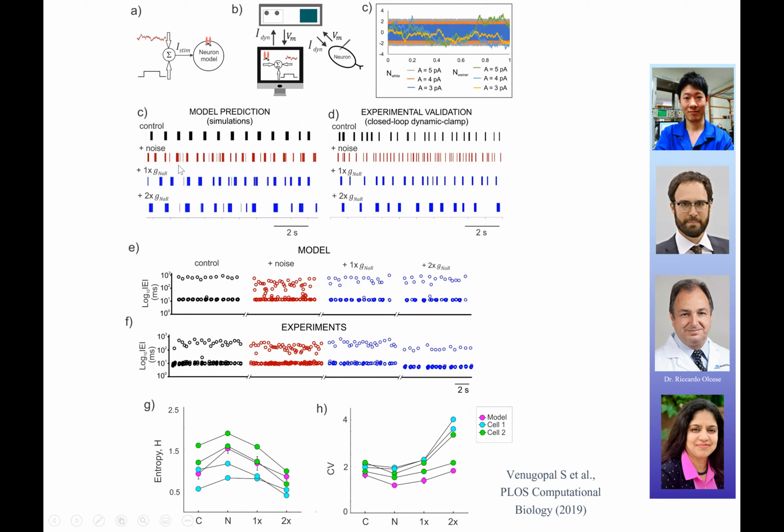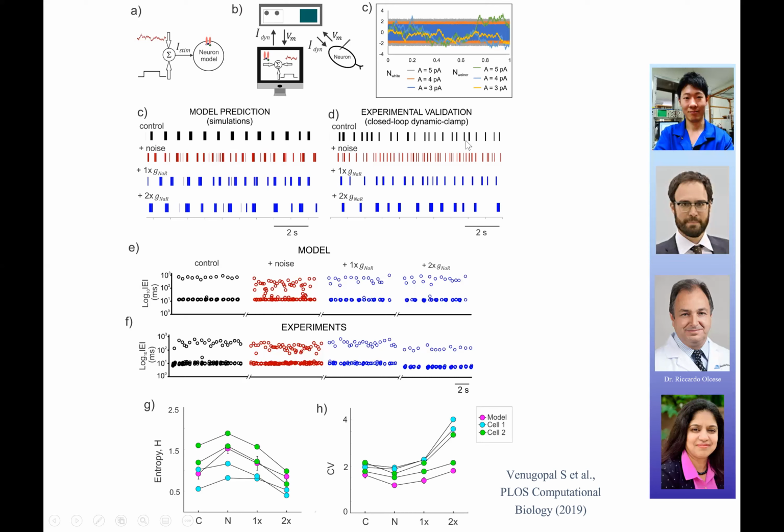And when we put in the noise, you can appreciate that there is a lot of this arrhythmic kind of pattern here. And then we add the type of current that we are testing, and we increase the intensity of that current, and we see that the irregularity starts to disappear. And we reproduce the same thing with this closed loop experiment.